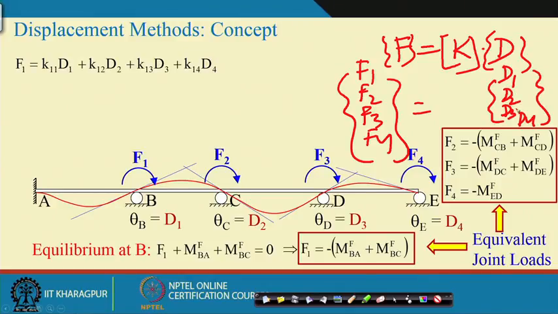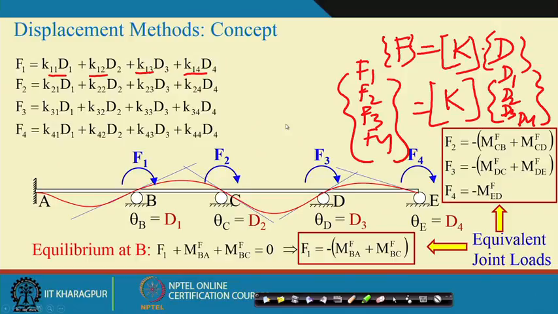So naturally, if we have to relate F1, F2, F3, F4 to D1, D2, D3, D4, we need a matrix K, which is a 4 by 4 matrix. Suppose the elements of that 4 by 4 matrix are K11, K12, K13 and K14. Similarly, we can write F2, F3, F4 the same way.